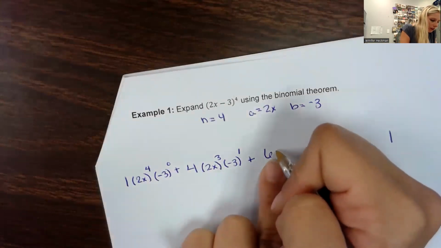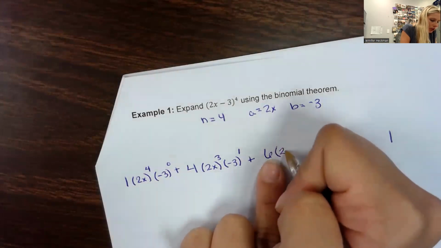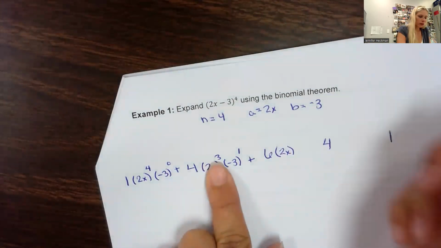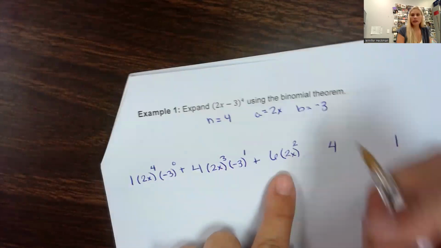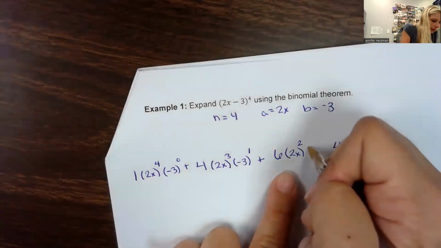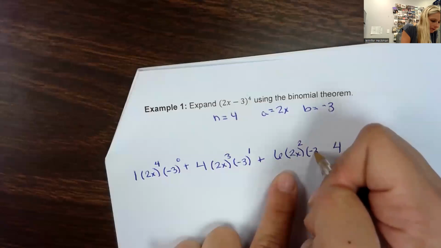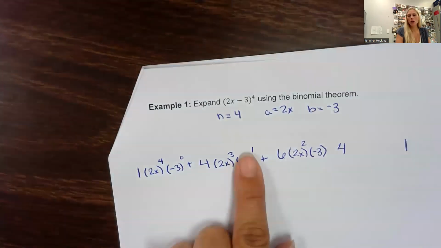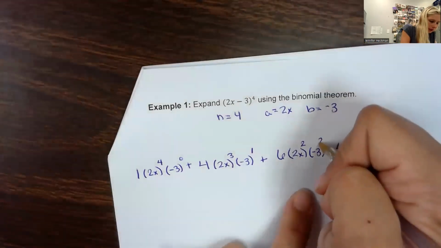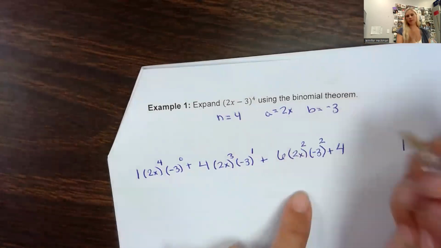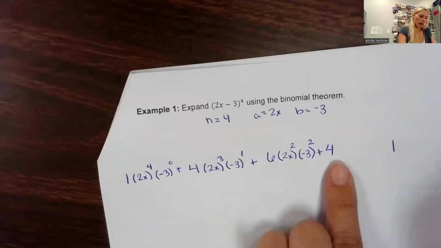Okay, here's our coefficient of 6. We have our A term. Before it was 3, so now it's 2, because it's going down. Then we have our negative 3 for our B term, and our B exponent should be going up, so that is also 2. All right, let's keep going.